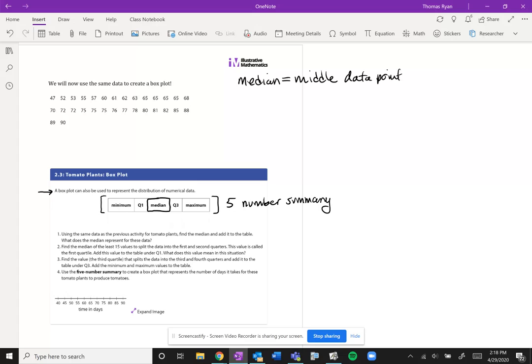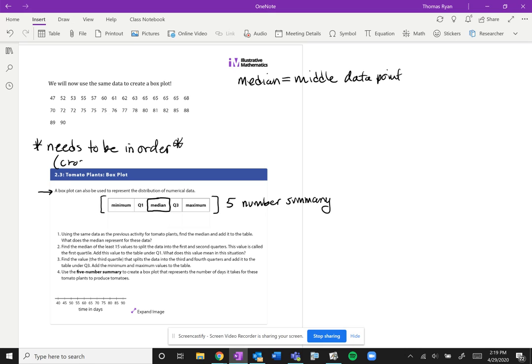As long as your data is in order, from high to low, low to high. Usually we go low to high, right? We go left to right. So as long as your data is in order, we can then find our median.